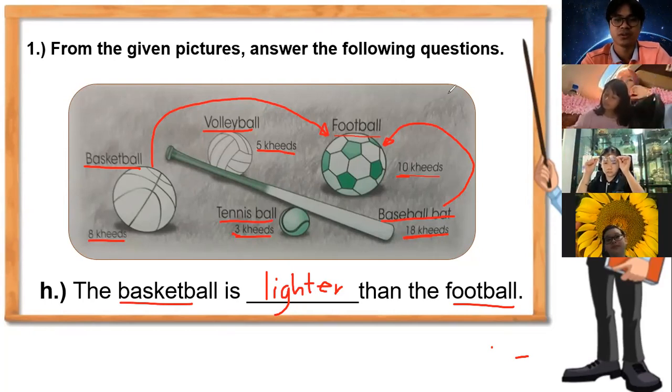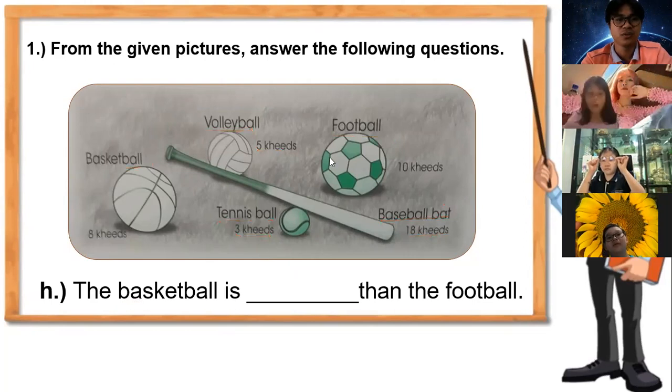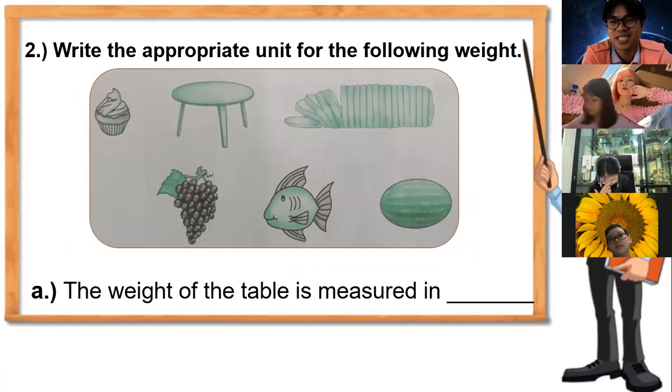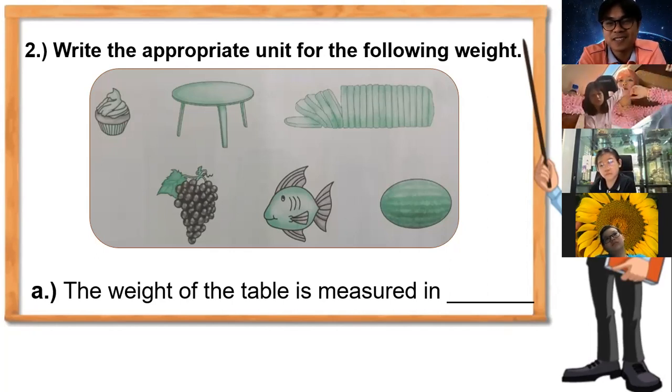Number two. Write the appropriate unit for the following weight. We have discussed a while ago the appropriate measuring tools. Here, let's find and write the appropriate unit. Is it in kilograms, grams, or kids, based on the picture?